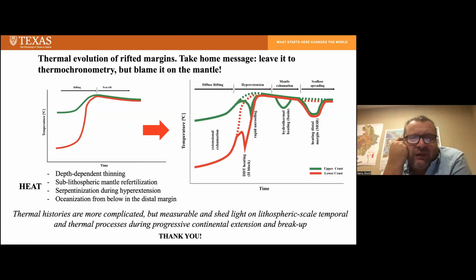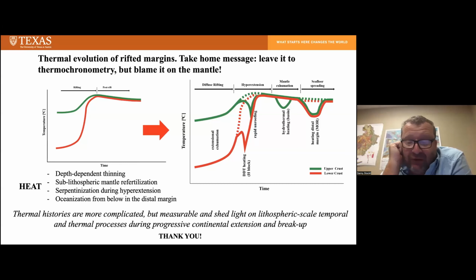So what I want to leave you with here is that metamorphic core complexes are fabulous things. Cooling histories are often, which is nice, relatively simple. But when you go to hyperextended margins, the mantle starts to play a much greater role in terms of the thermal budgets, both during depth-dependent thinning, during mantle fertilization, serpentinization during the hyperextension, as well as oceanization from below in the distal margins during final breakup.